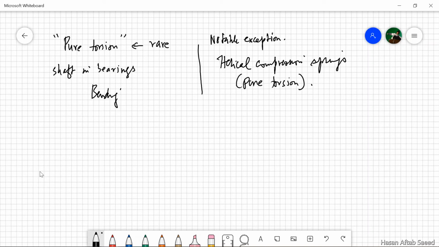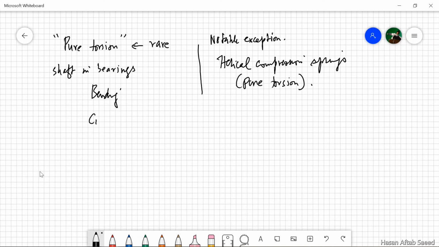So this is just a recap of the situation, that this type of a problem you will encounter often, but most often you will encounter problems with torsion plus bending, or torsion plus axial, or axial plus bending. So when you have a combination, so for pure torsion you know how to do it.